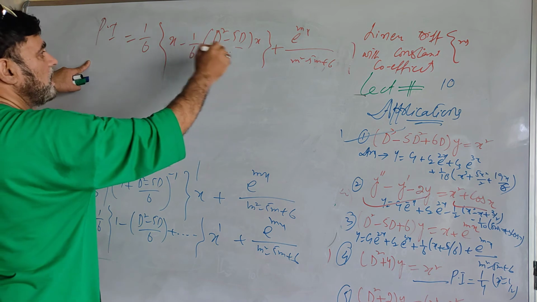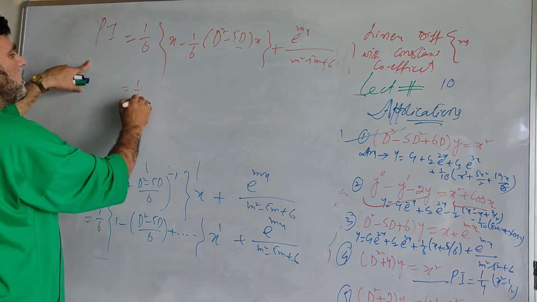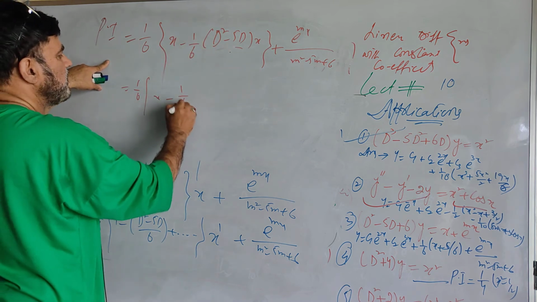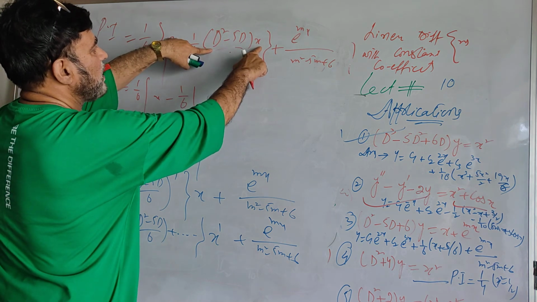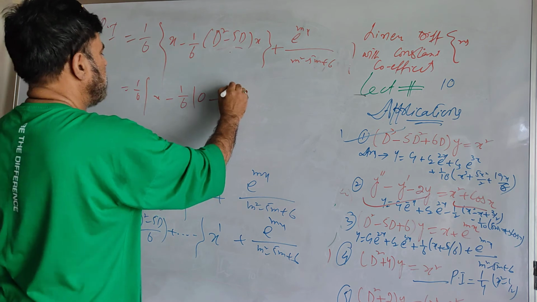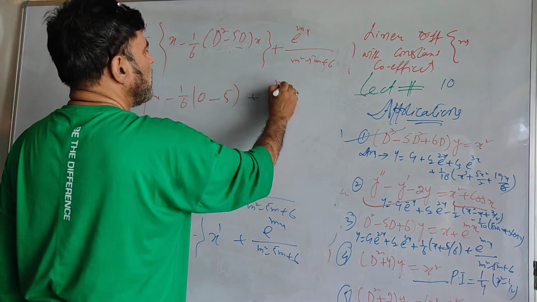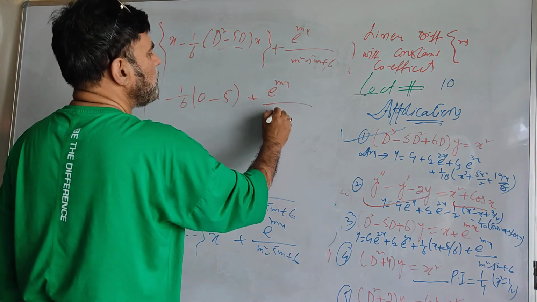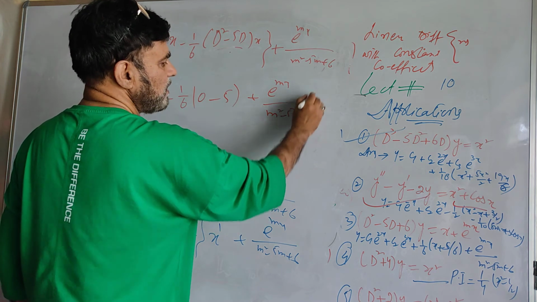Now this is 1 by 6, x minus 1 by 6. What is d square of x? The second derivative is 0. Minus, what is d of x? It is 5. Plus e raised to power mx by m square minus 5m plus 6.